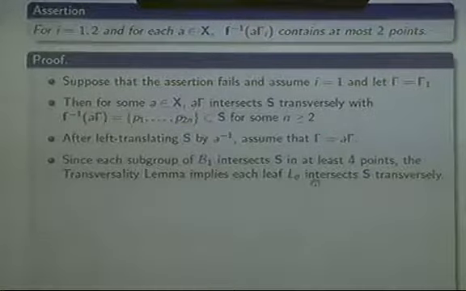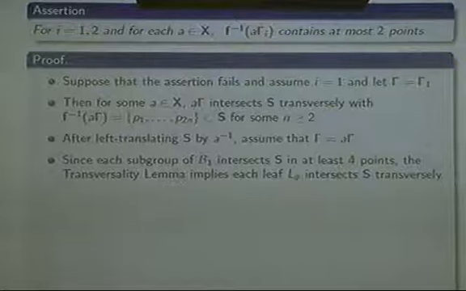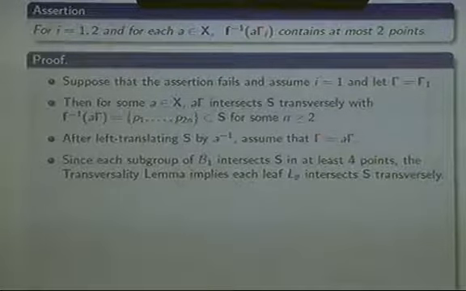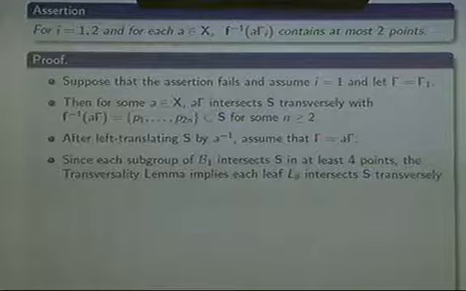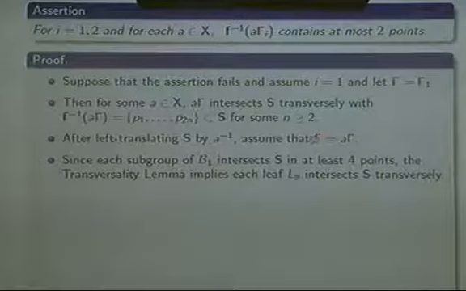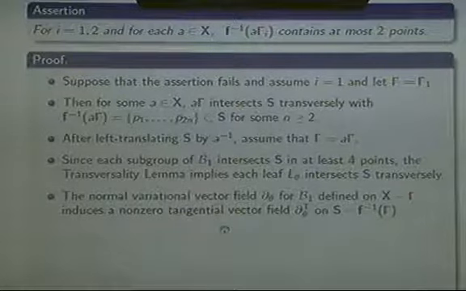In particular, remember L theta is an open subset of the subgroup, so the open subset also intersects the surface transversely. In this case, we have 2 half planes, and you get this arc, that arc, some arcs on those leaves. Okay.